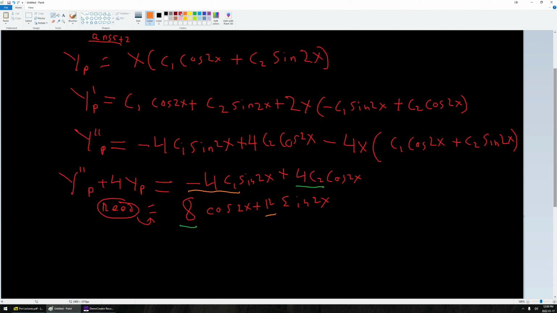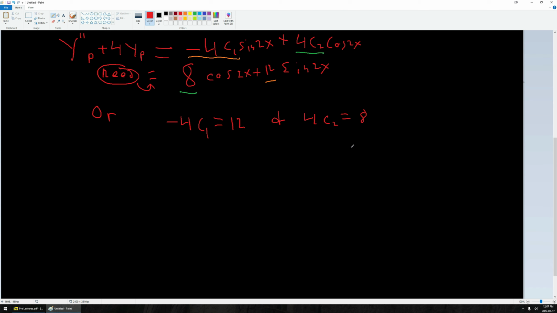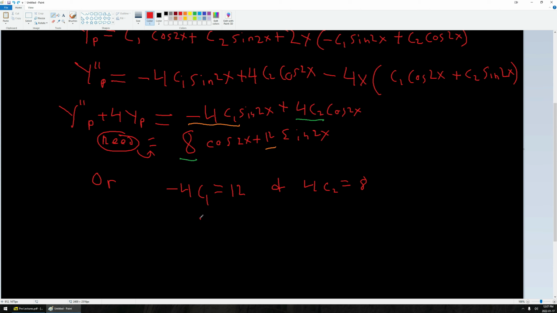If we put this together, we can formally write it as a system of equations. Minus 4 C1 better be equal to 12, and 4 C2 better be equal to 8. This system is very trivial to solve, right? Just dividing by 4 gives me immediately that C1 is equal to minus 3, and C2 is equal to 2.